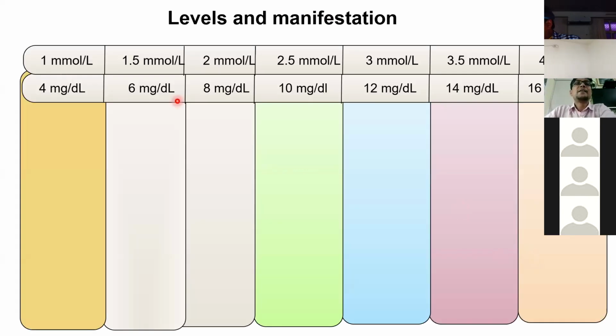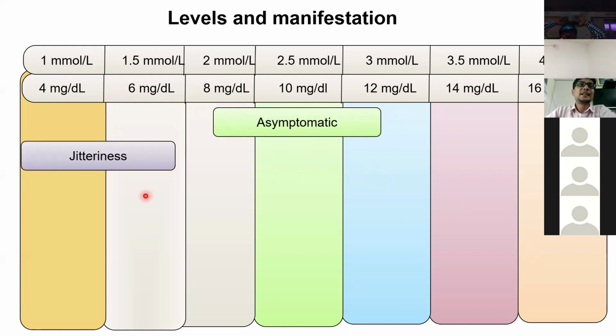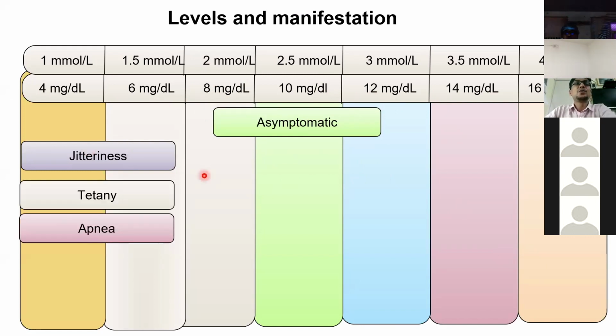Now, the various levels and their manifestations. At the normal level, around 8.6 to 12, the patient is asymptomatic. But as the calcium level decreases, initially there is jitteriness, followed by tetany, then the patient goes into apnea, and finally there is seizure.